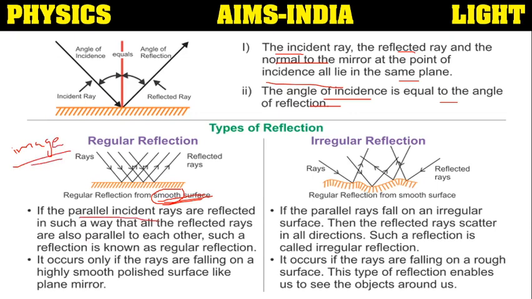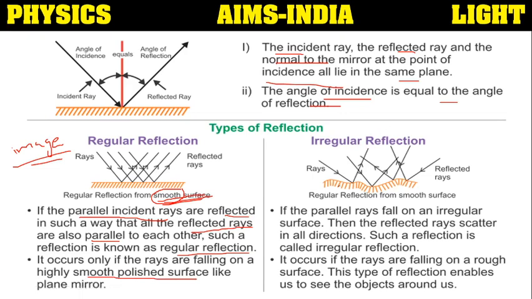The parallel incident rays are reflected in such a way that the reflected rays are also parallel to each other. So that is known as regular reflection. Before reflection they are parallel, after reflection also they are parallel. It happens only if the surface is smoothly polished, like a plane mirror.